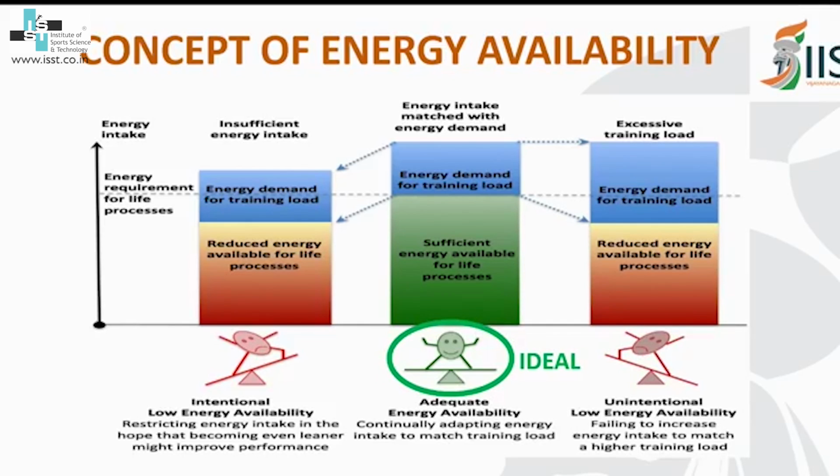But in some cases we've seen that they also start to dehydrate themselves. That would really be a classic example of how an athlete has started to fall into a low energy availability state. So let's just remember that it has to be matched between the energy intake and the training load.